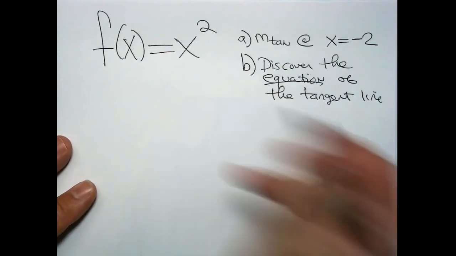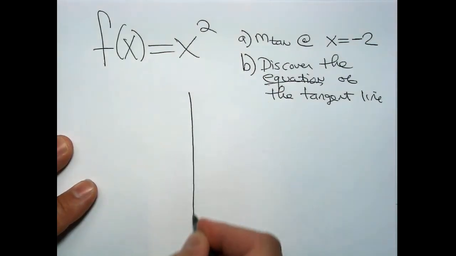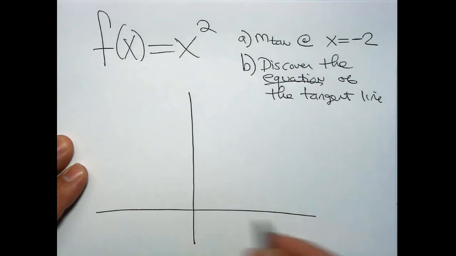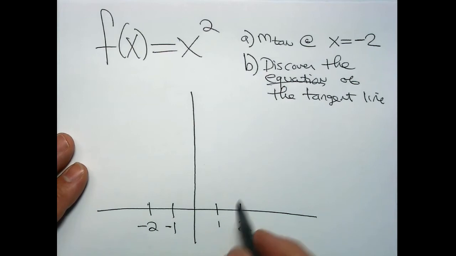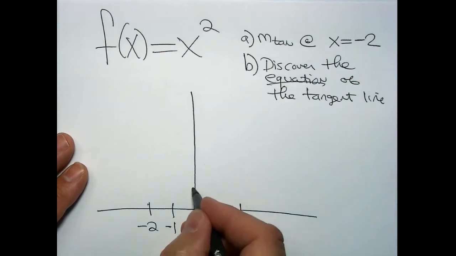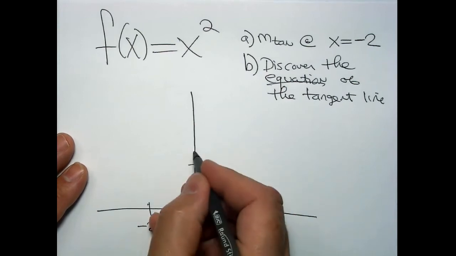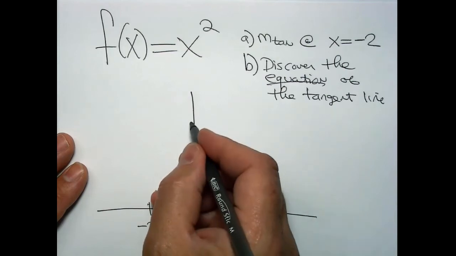First things first, let's draw our curve here. So I'm going to get our xy plane ready to go. We're going to go here to 1 and 2. Let's go across here to negative 1 and negative 2. And I think I know how high we ought to be going here. 2 squared is 4, so let's go 1, 2, 3, and 4.